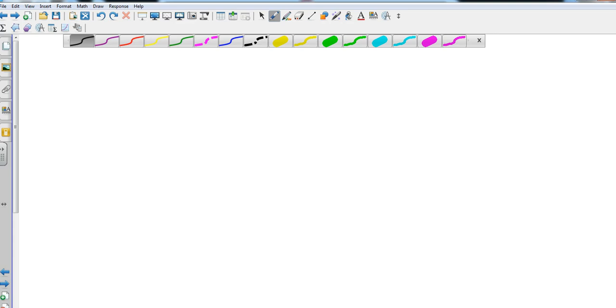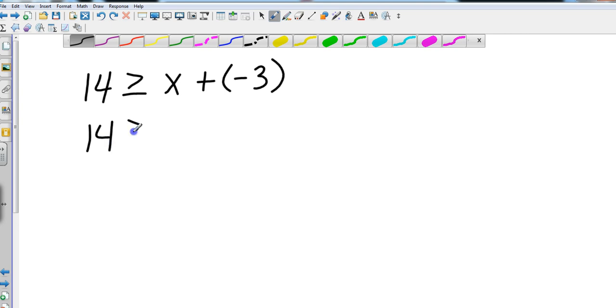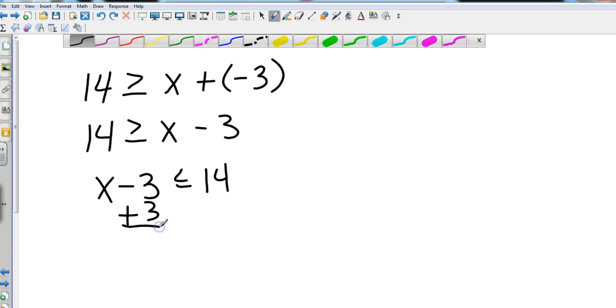We might also have some, again, order doesn't matter. We may have a plus minus. And so I'm going to get rid of that plus minus first. And from this point, I'm going to go ahead and rewrite and get my x minus 3 on the left-hand side. And then adding 3 to both sides.